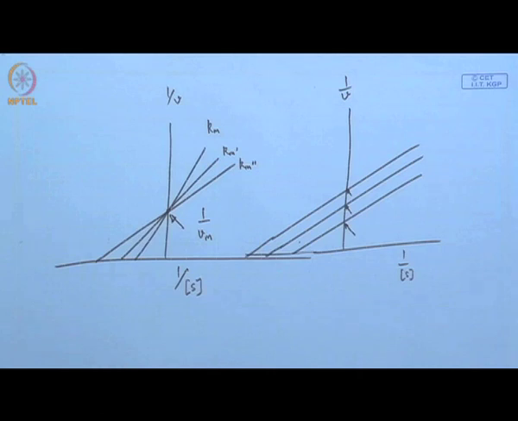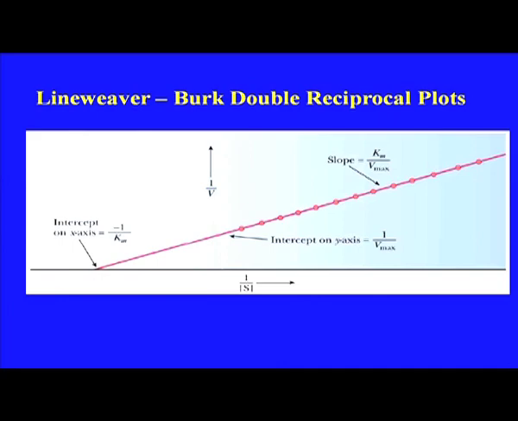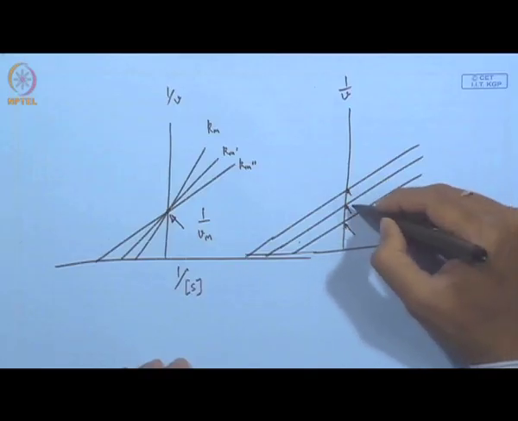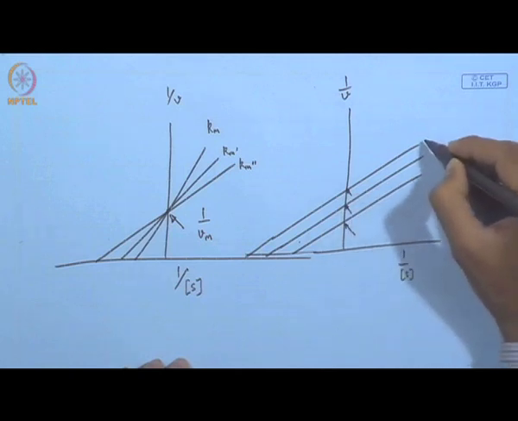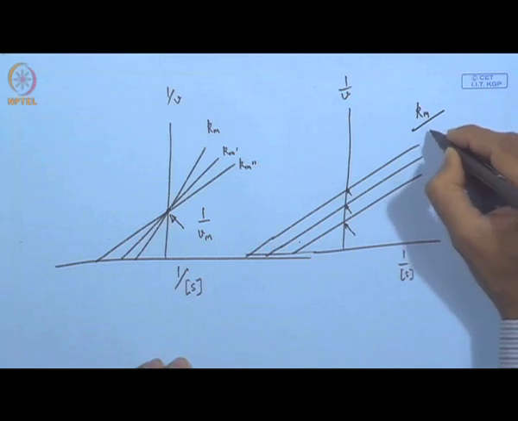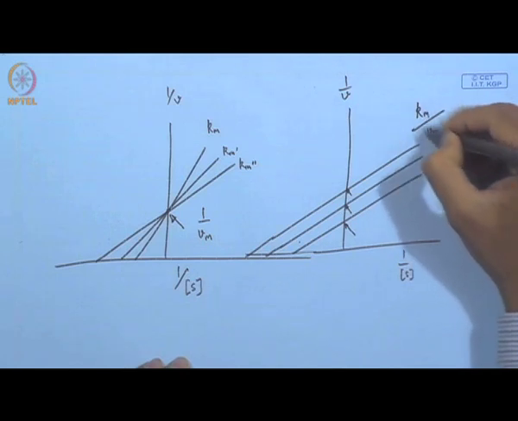This is because the slope is the same, but the relative magnitude of Km and V max determines where V max is changing, although the slope remains the same.